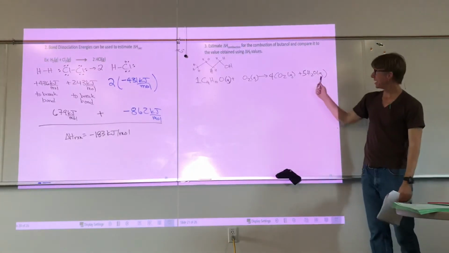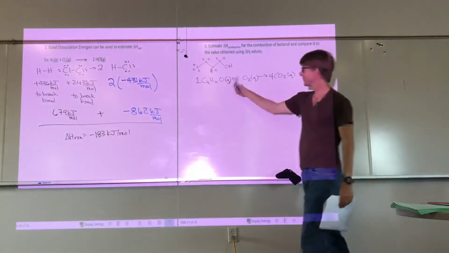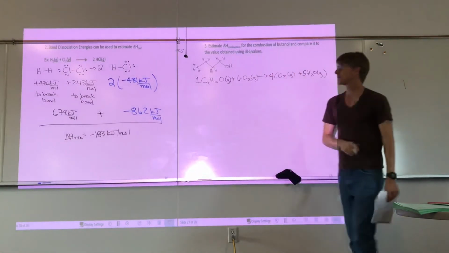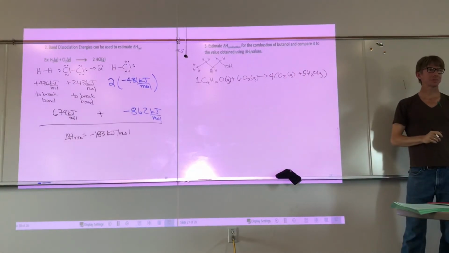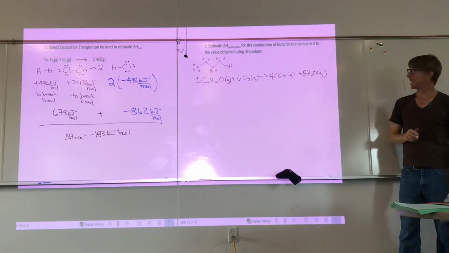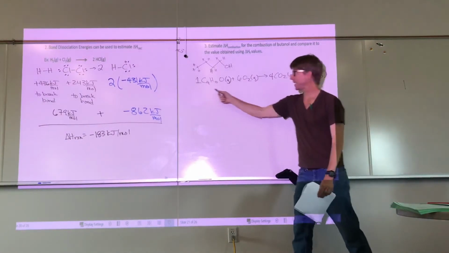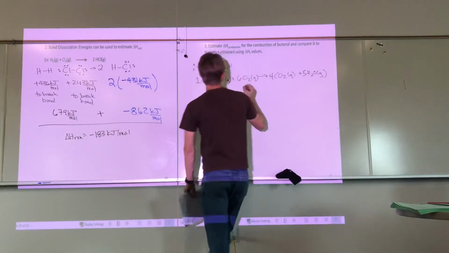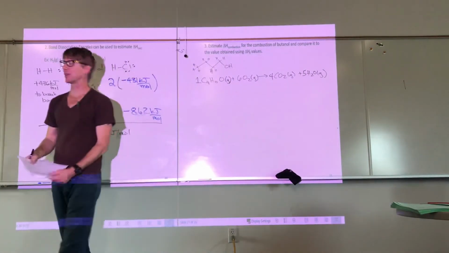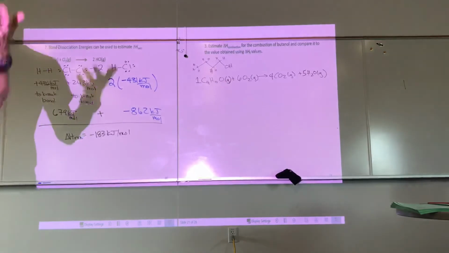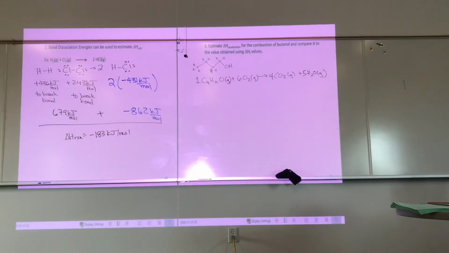That gives me 8 and 5, that's 13. We need 6 oxygens. So the first thing you have to do is balance it. And then you count up all the bonds. And to do that, you need to draw Lewis structures for everything. In oxygen, that's O2, what is the bond between the two oxygens? Is it single, double, or triple? Do you know?